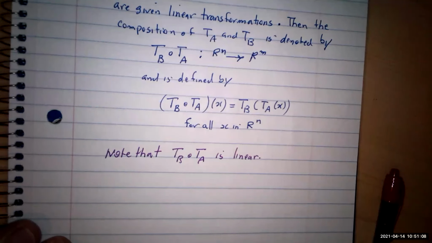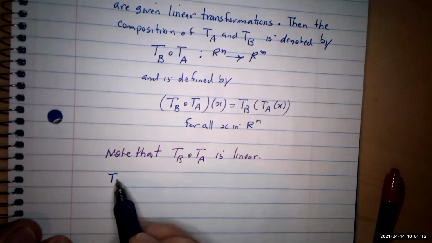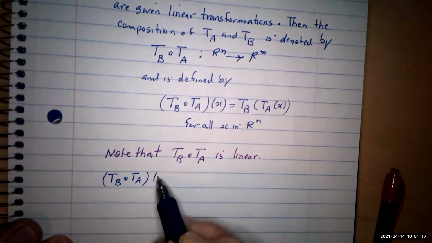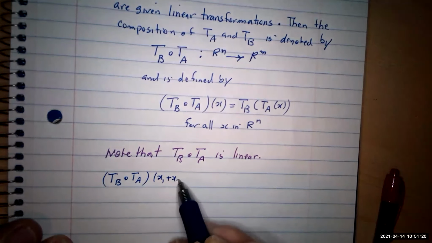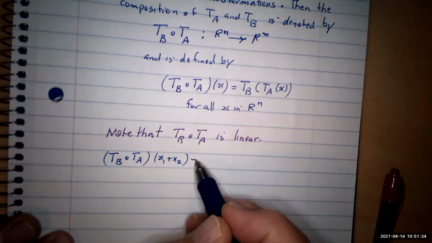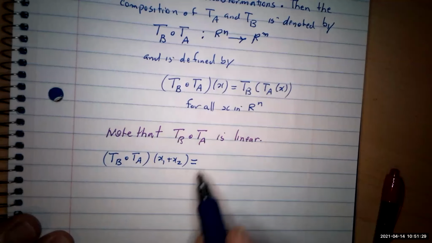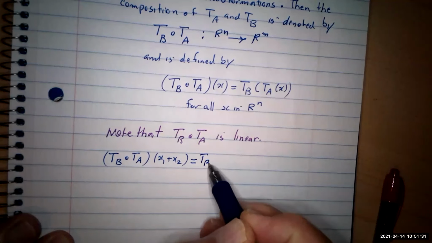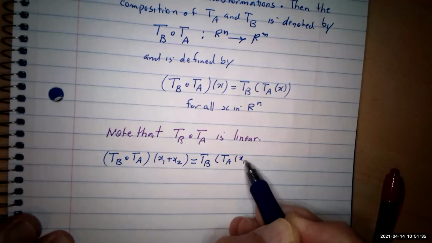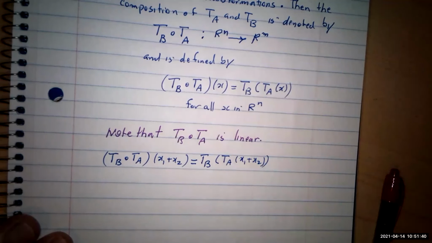So what do we mean by linear? If you operate on a vector addition, with two vectors, T of x1 plus x2, you can distribute it. Apply the definition first: TB of TA of x1 plus x2. That's your first step.